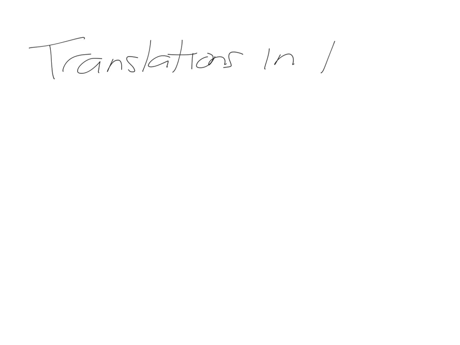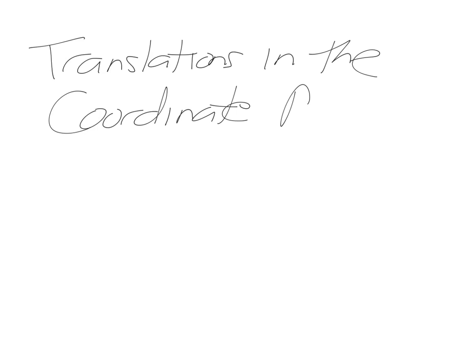Now, most translations just don't happen randomly. Most of the translations that we're going to be talking about are going to happen in the coordinate plane. And of course, everybody knows what the coordinate plane looks like, right?